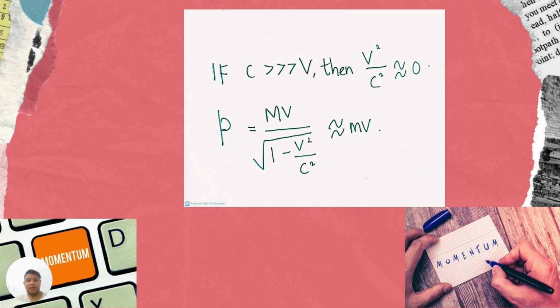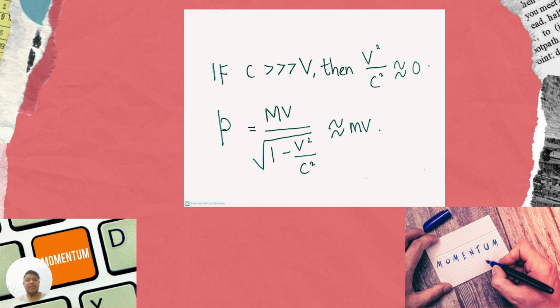Now, notice if the speed of light c is much greater than the velocity of the object. For example, if v is 10 meters per second, then the ratio inside the radical, v squared divided by c squared, is approximately equal to 0. It is a very small number, so we can approximate this to be 0. 1 minus a very small number gives us about 1, and the square root of 1 is 1.